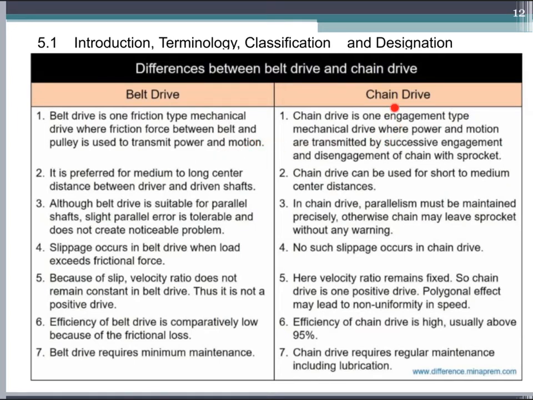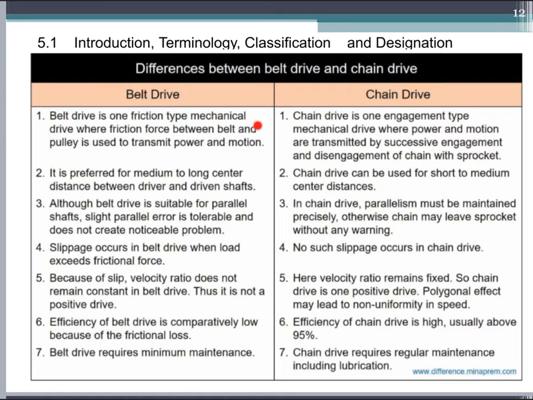But in the chain drive, power and motion is transmitted by engagement and disengagement of chain with sprocket.